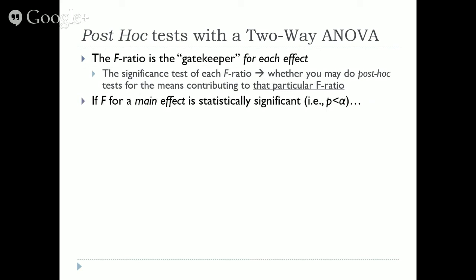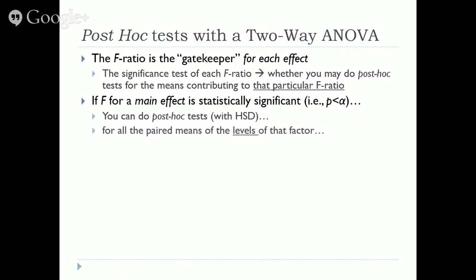So if one of those effects is statistically significant, then you can do post hoc tests controlled with HSD or LSD or Scheffé or Bonferroni or other Tukey tests or whatever. And you can do them for all the paired means, all the different pairs of means of the levels of that factor, as if the other factor didn't exist. And I'll show you what that means in a minute.